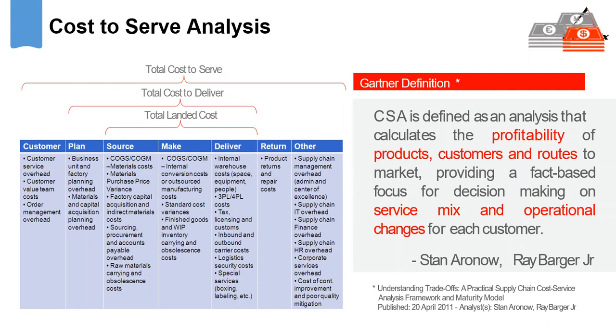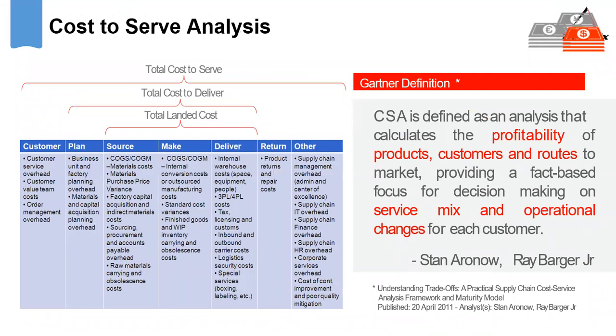It starts from the core cost, which is source, make, deliver, that rolls up to the landed cost aspect of it. And then cost to deliver will also incorporate the planning part of the cost, and then total cost to serve.